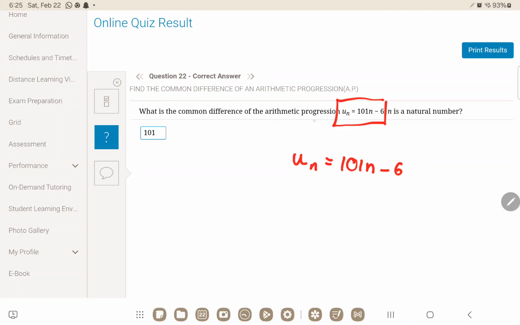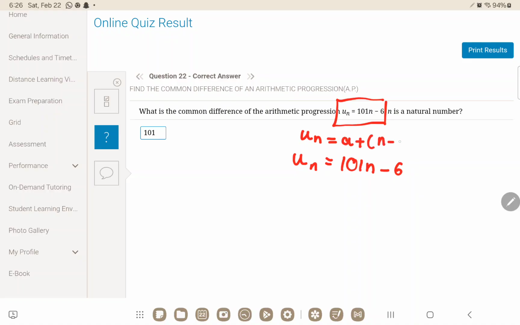Now, we know that the formula for any first term is UN equals A. By the way, you could use AM equals AN; this is the same thing. But here they're doing it as if you're using the first value. So UN, which is your first value, is A plus n minus 1.